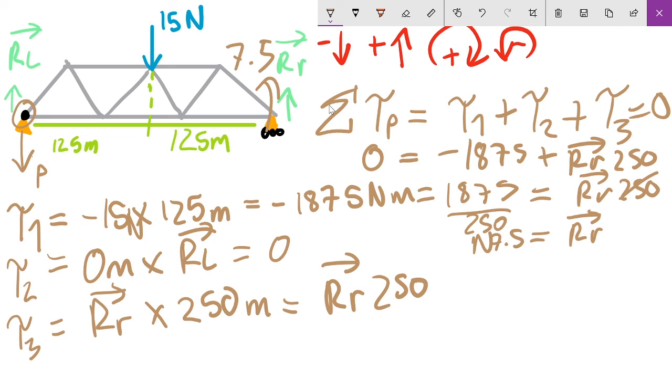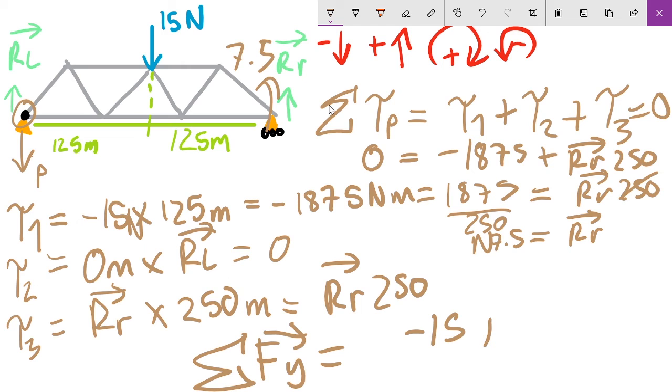Now what is the reaction force from the left? Well, we're going to say the sum of the forces in the y direction equals one force coming down, which is negative 15 newtons, plus 7.5 newtons, the RR we already found, plus RL, the reaction force from the left, and that equals 0.